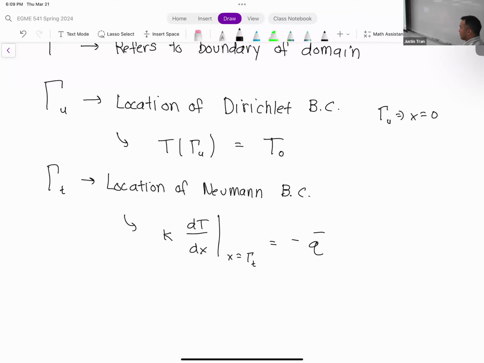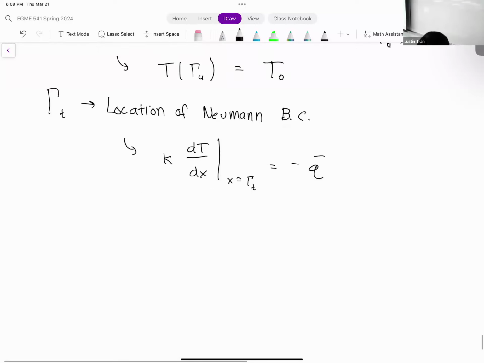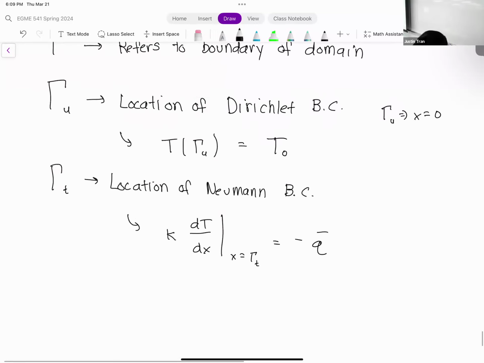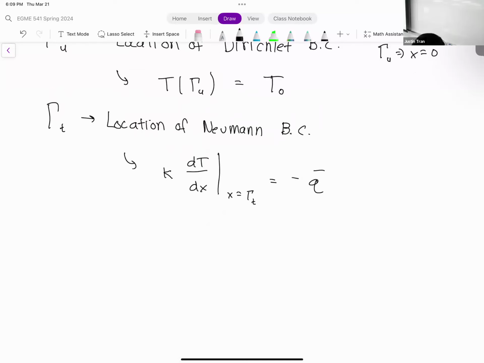That's going to be important because when we define our weak form for the heat conduction problem, and you can apply this for our 1D elasticity as well, we want to use these general terms for the boundary so that our formulation can be flexible to whatever our geometry looks like. So now, with all the symbols, terms and parameters introduced for heat conduction, we can present the weak form of the 1D heat conduction problem.